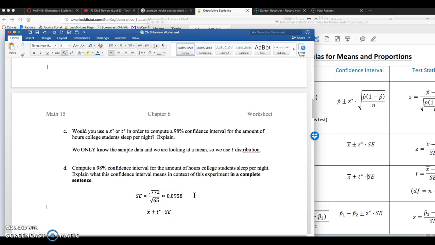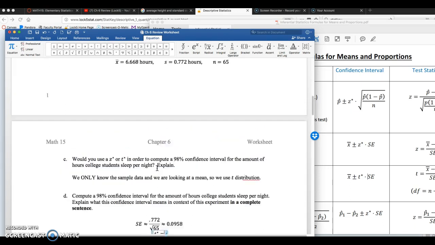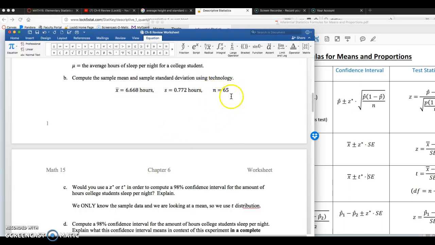And if I want to figure out t star for a 98% confidence interval, I need to go into the stat key to figure this out. And then don't forget, with t we're going to need the degrees of freedom.